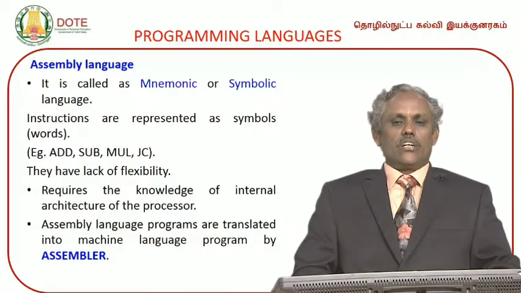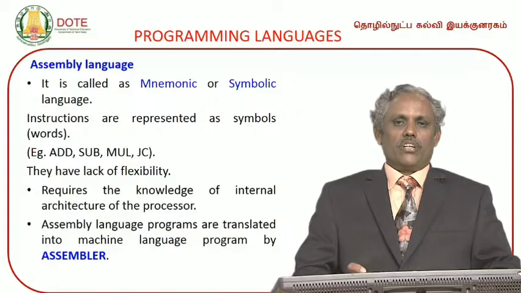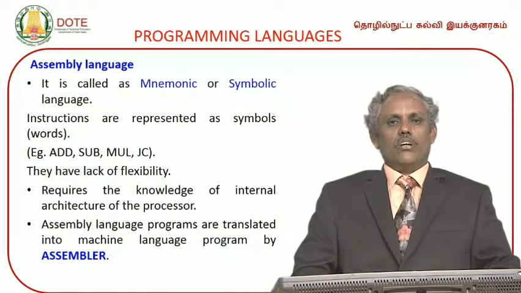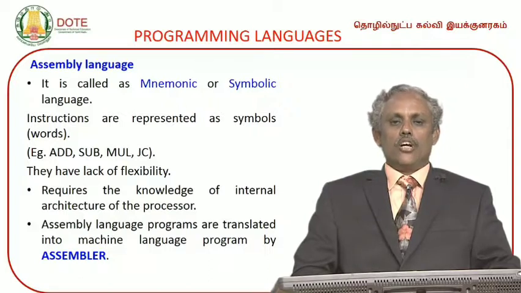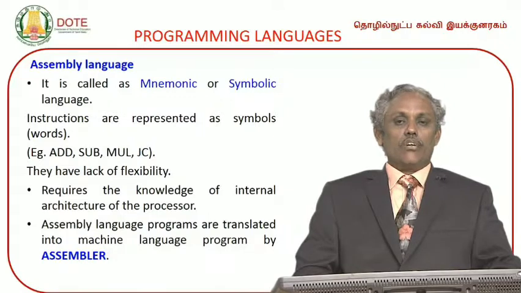So, the instructions are 2 or 3 or 4 letter words which represent a specific operation. For example, in microprocessor or microcontroller, we can use assembly language instructions, and we write programs with these type of mnemonics like add, sub, multiply, which is called mul, jump on carry, JC, etc. So, these are the instructions in assembly language.